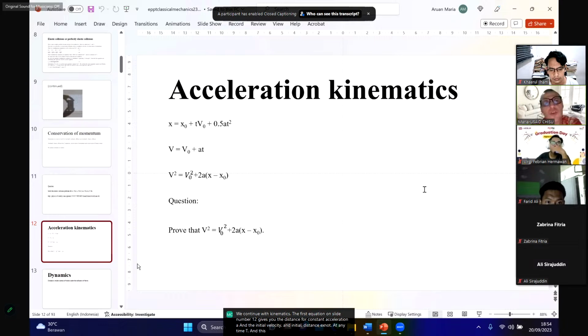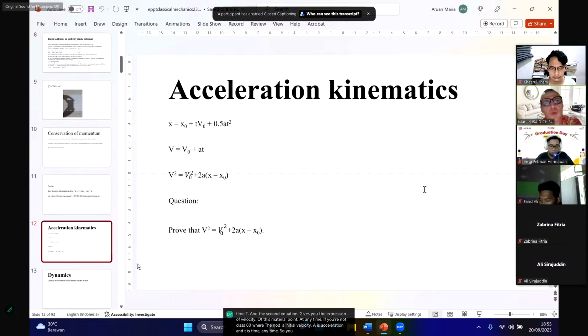And the second equation gives you the expression of velocity of this material point at any time, v naught plus at, where v naught is initial velocity, a is acceleration, and t is time.